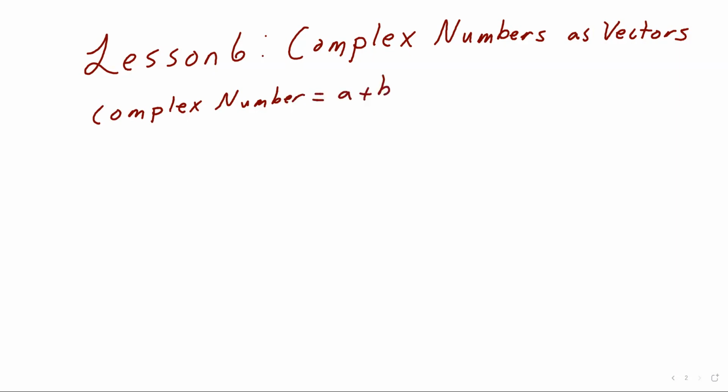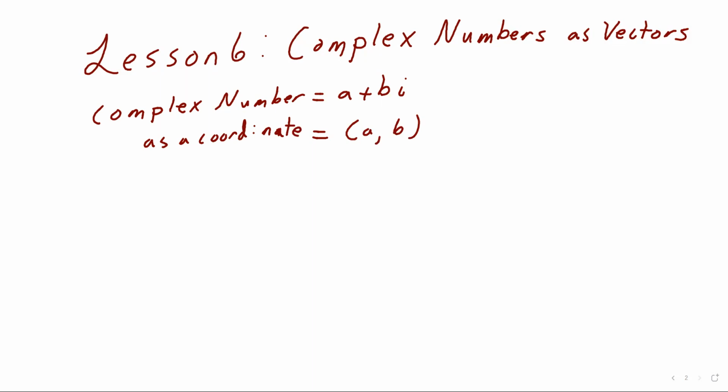And we know a complex number now is written as a plus bi, correct? We agree? How would I write this as a coordinate? Very good. So this would just be the real part, comma, the imaginary part. All right.